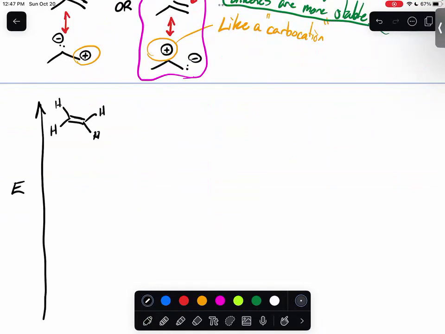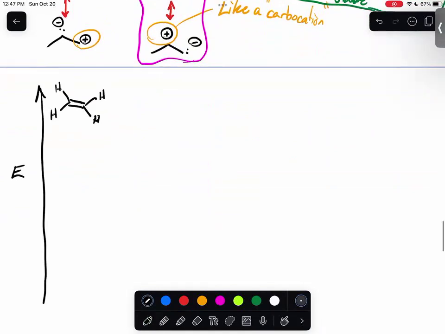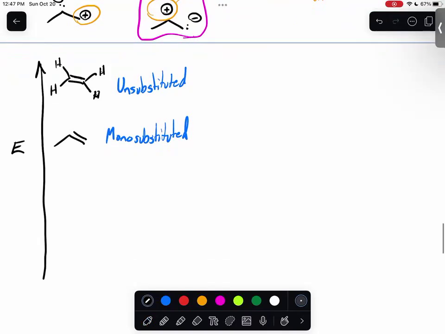So looking a little further, if we were to attach a carbon on one side, that would be technically better. And we have names for these as we go from their substitution patterns. The top one would be unsubstituted. If you have one carbon, this is now monosubstituted. As we go lower in energy, more stable, with higher substitution patterns, the numeric changes.